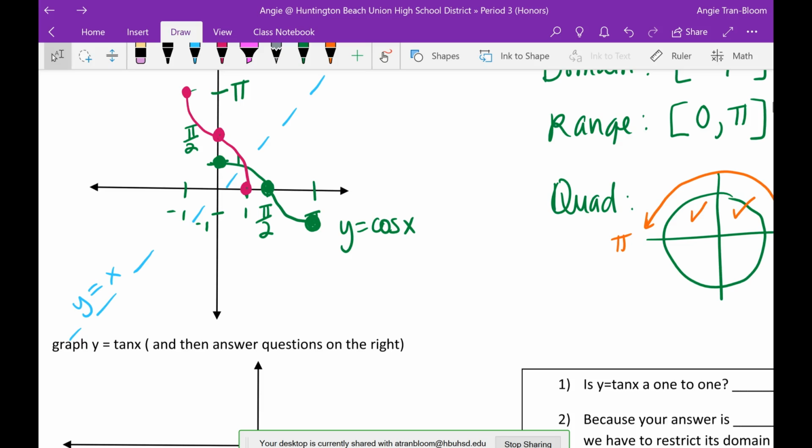What's the period for tangent? Pi. So you just go right pi, left pi. What's tangent pi over 4? 1. Tangent pi over 4 is 1.